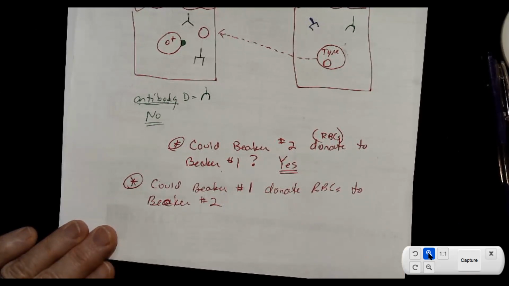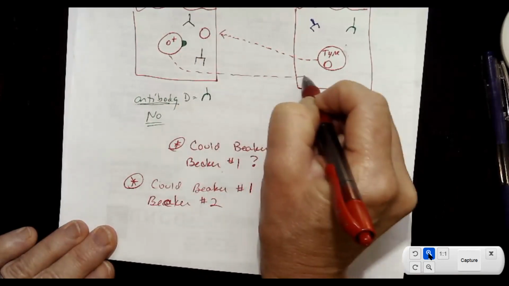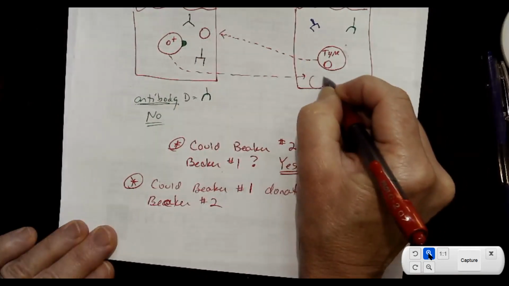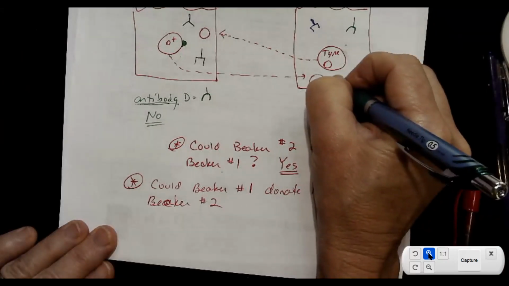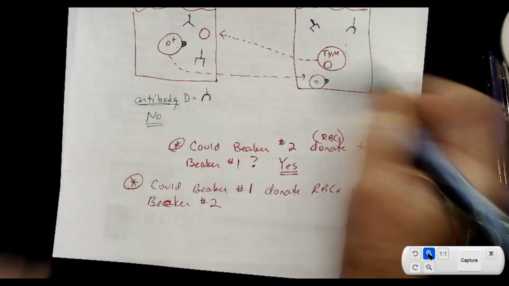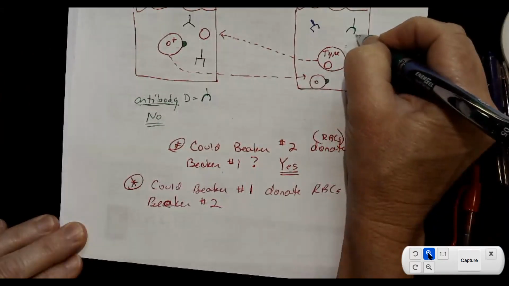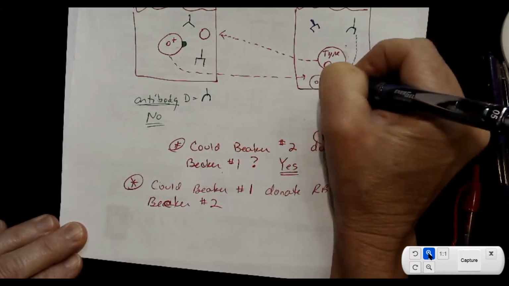Well, let's just try it, all right? So here's the red blood cell, type O, and I'm going to put the antigen on here, because it has the antigen. And look, this antibody would come right down here and cause clumping.